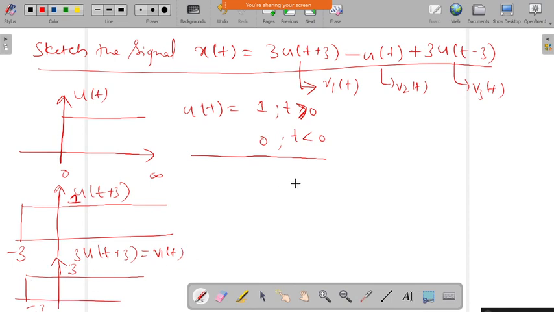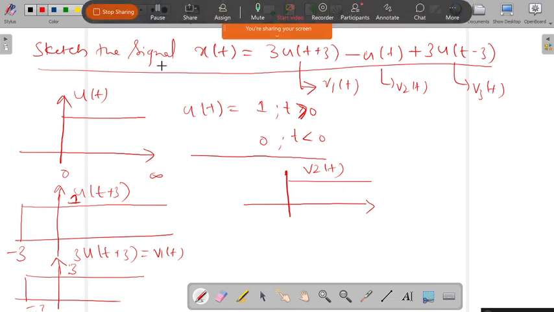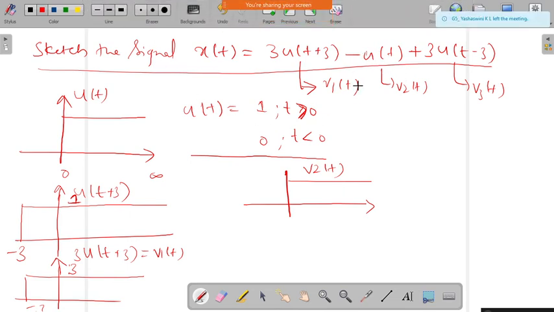Similarly, v2 of t is nothing but a reflection. This is u of t. This is a reflection on the x axis, that is the horizontal axis, not the vertical axis. The vertical axis is for the independent variable; here it is on the horizontal axis, which is the time axis. So minus u of t means the amplitude is negative.